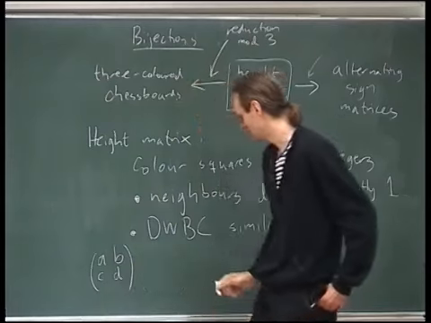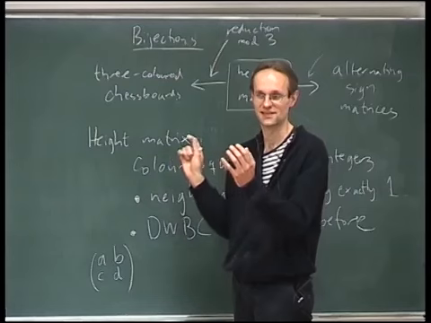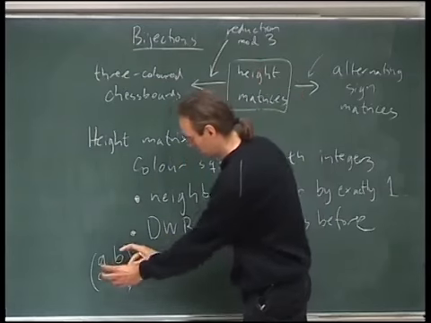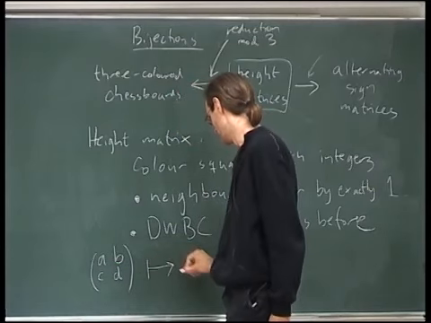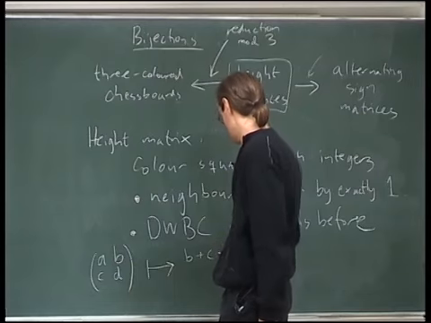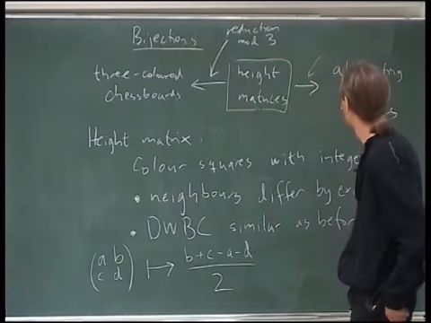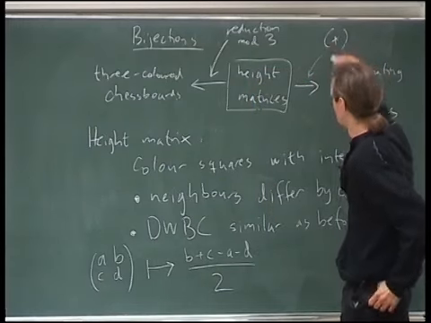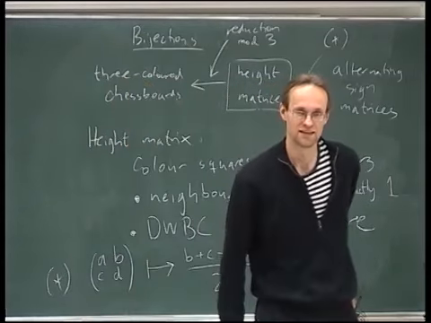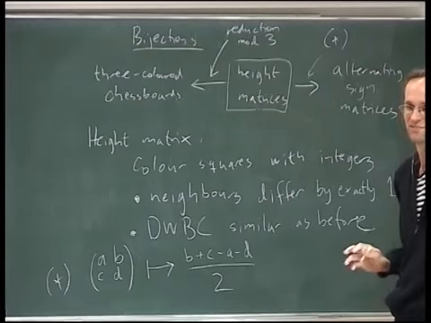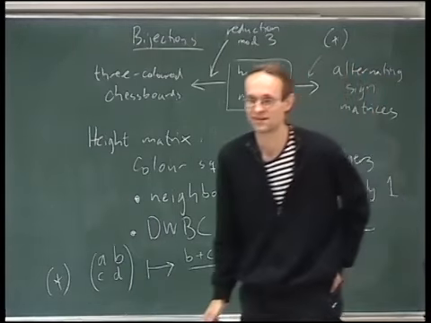you look at little 2 by 2 blocks of adjacent matrix entries. And then you imagine that you contract this whole block to a single entry. And the rule for doing that is simply that. So that gives the bijection from height matrices to alternating sign matrices.